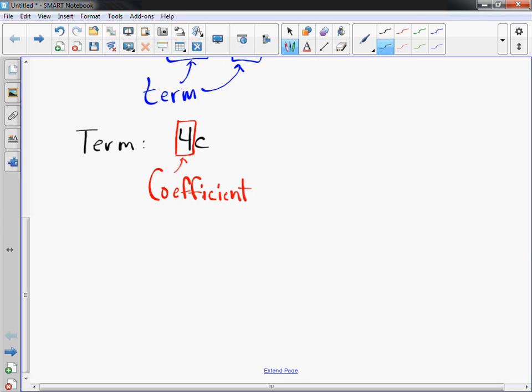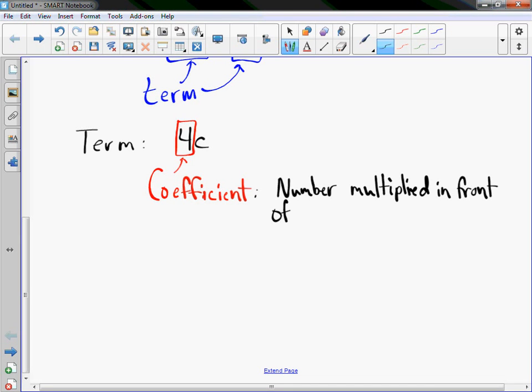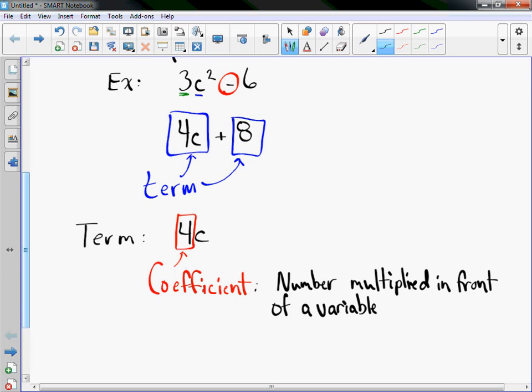So coefficient is the number multiplied in front of a variable. Or sometimes we just say the number directly in front of the variable.